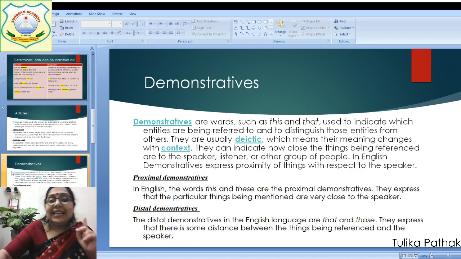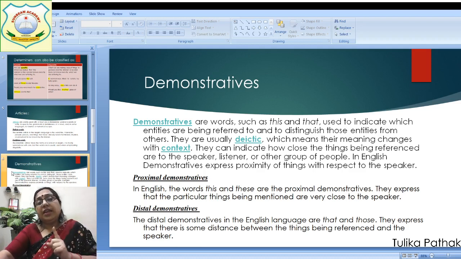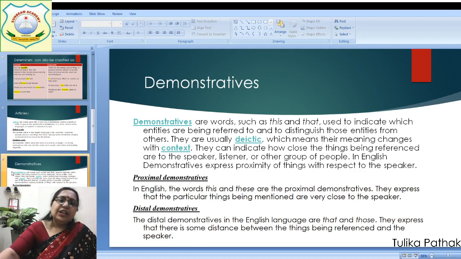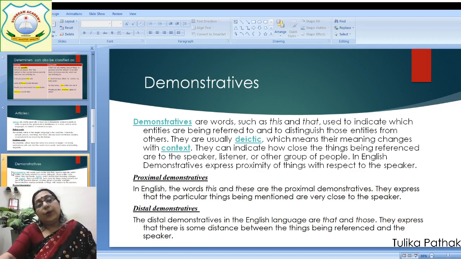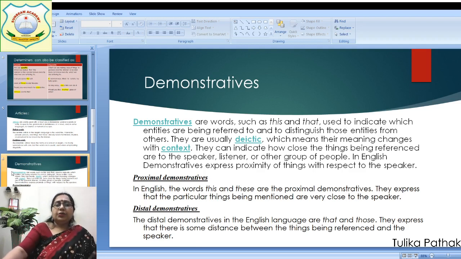They can indicate how close the things being referenced are to the speaker, listener, or other group of people. In English, demonstratives express proximity of things with respect to the speaker. That is what I explained with the example of notebooks. And I think you have understood it.